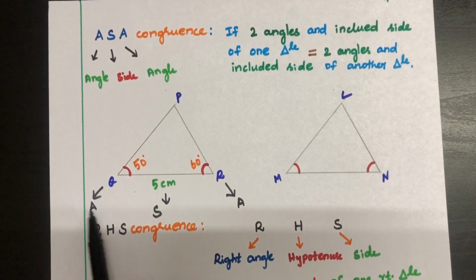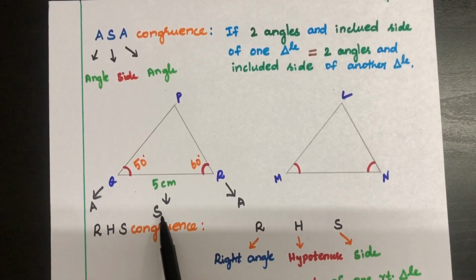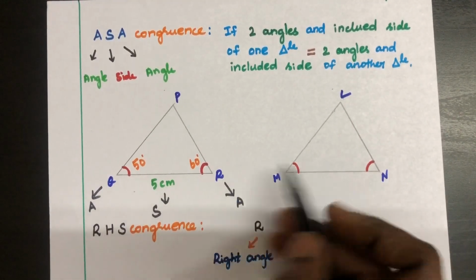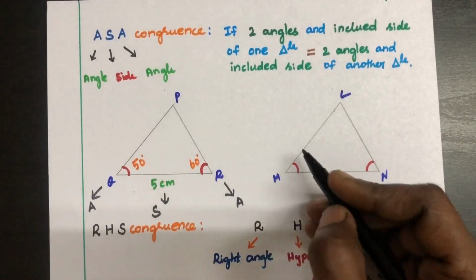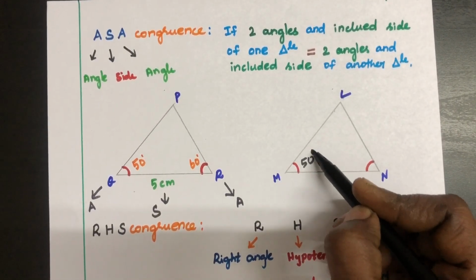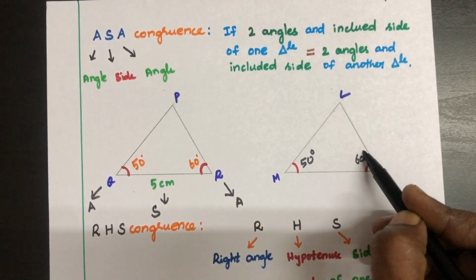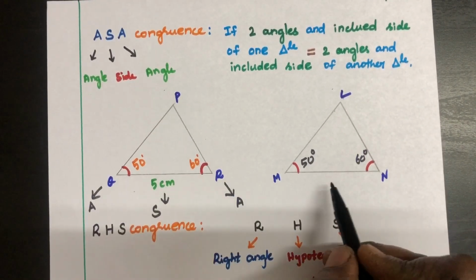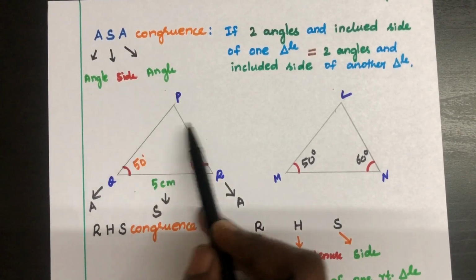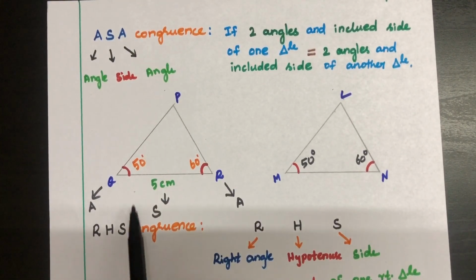So ASA, angle side angle. If we have the same measures in triangle PQR, like this 50 and 60, the included side means in between only, not this or this, in between only it should exist.